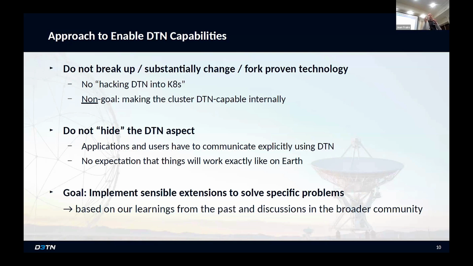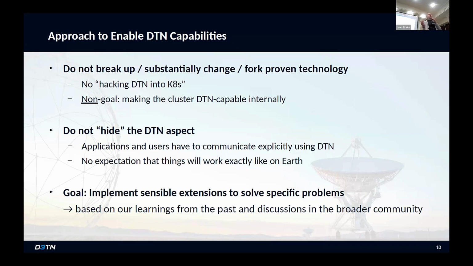We plan to offer additional APIs and interfaces that the applications and users have to use, basically have to choose to use, so that they are aware that they are communicating over a DTN. We don't want to make it inconvenient. Of course, it has to be convenient to adapt applications, and we can always think about stuff like introducing specific application layer proxies or application adaptation, if we know the application protocol.